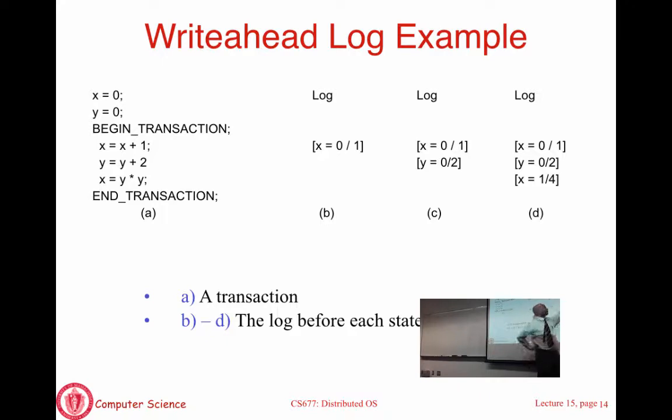You undo it. You blindly take X, value should be 4, replace it by 1. Then the previous entry, Y, value should be 2, replace it by 0. Then X, value should be 1, go back to 0. So at this point, you restored X and Y to 0, 0, from whatever values they were.